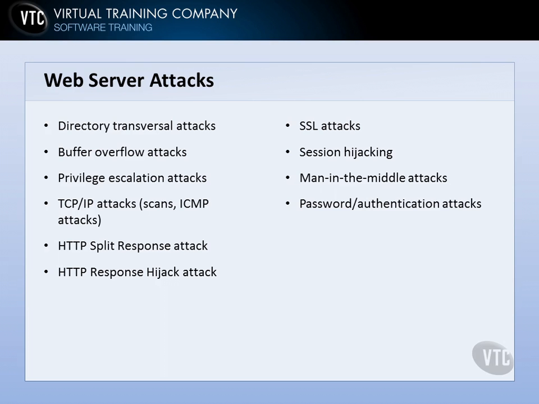Then there are privilege escalation attacks. Frequently, you are allowed to log on to a web server using simple credentials, or even anonymously, and there may be flaws in the configuration that might allow you to escalate privileges to get administrative level or root level privileges over that box. And we've already mentioned the TCP/IP types of attacks, scans, ICMP attacks, SYN floods, and so forth.